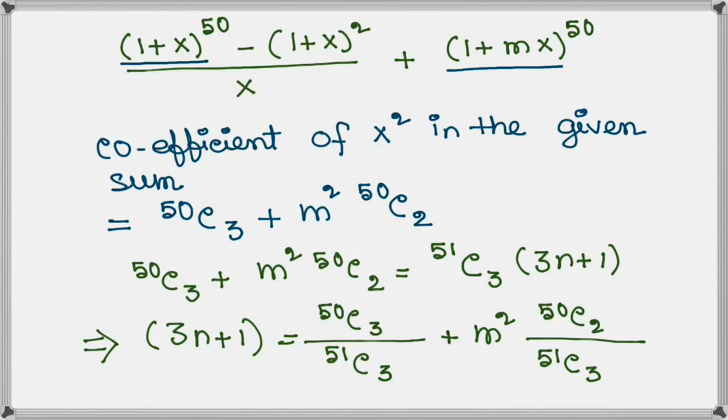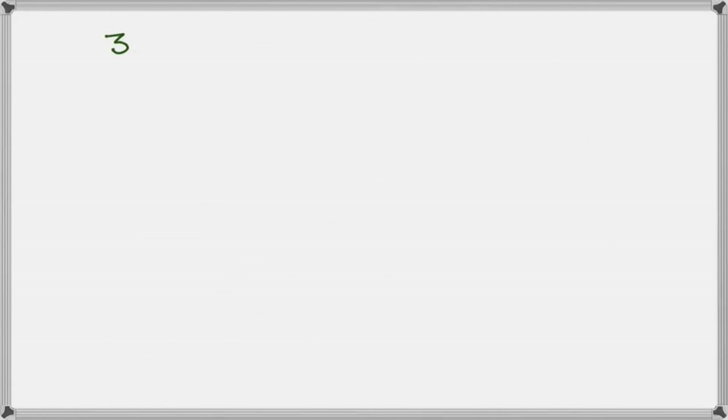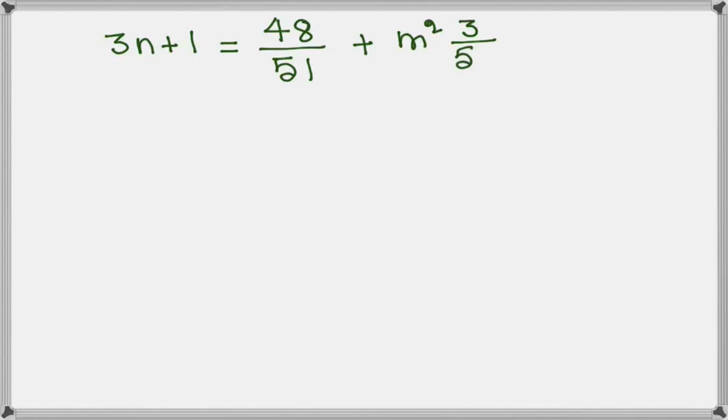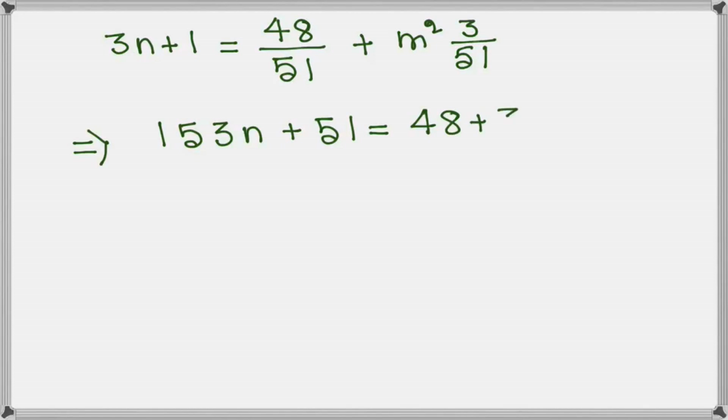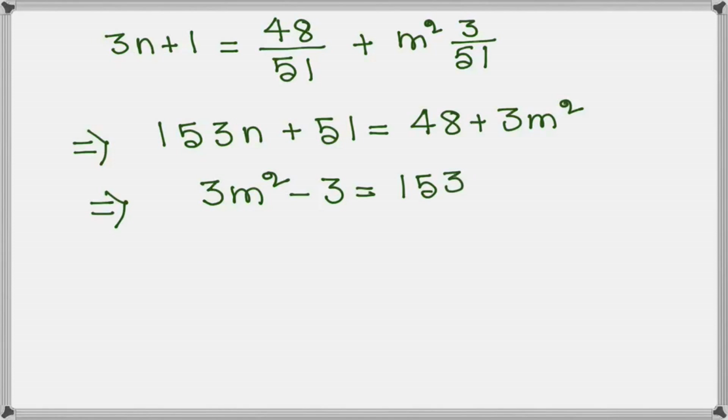So, finally we have 3n plus 1 is equal to 48 by 51 plus m square into 3 by 51, that is 153n plus 51 is equal to 48 plus 3m square. So therefore 3m square minus 3 is equal to 153n.